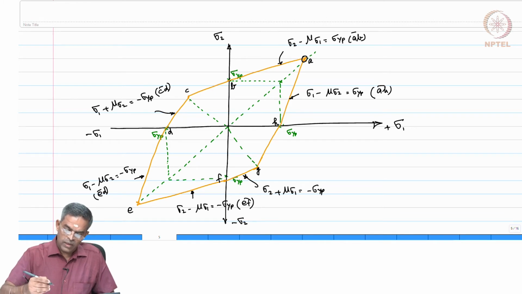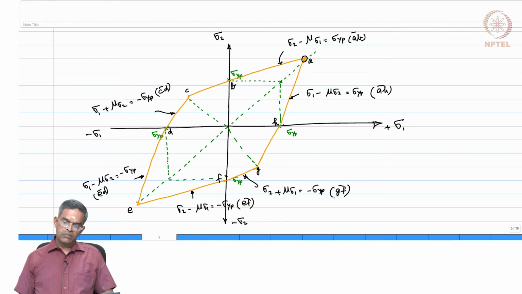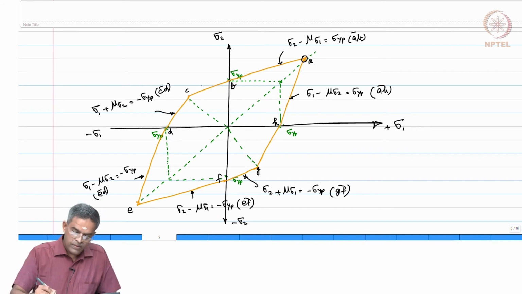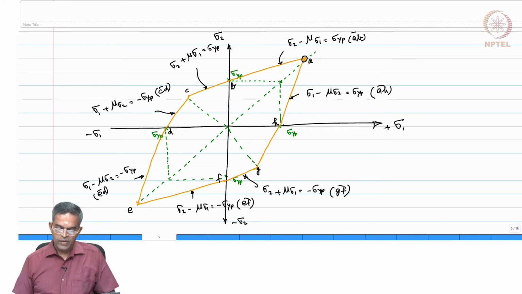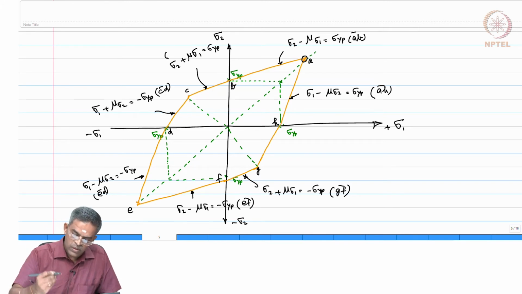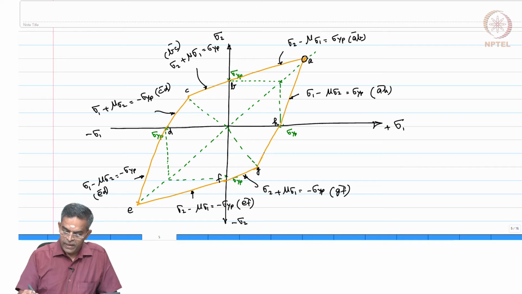Now, this is for GF. Let us come to the line equation BC. So, this equation will be sigma 2 plus mu sigma 1 will be sigma yp. Okay? This is for line BC, and this line will have an equation sigma 1 plus mu sigma 2 will be sigma yp.